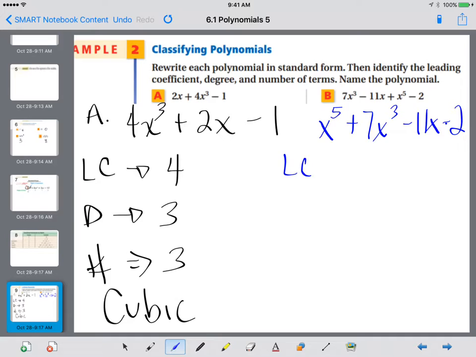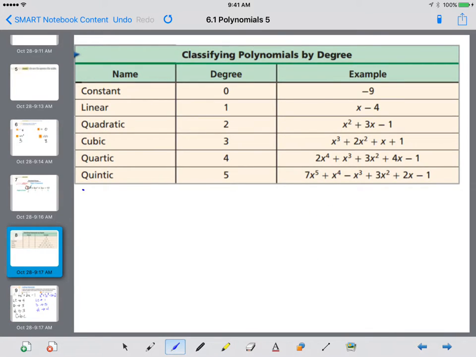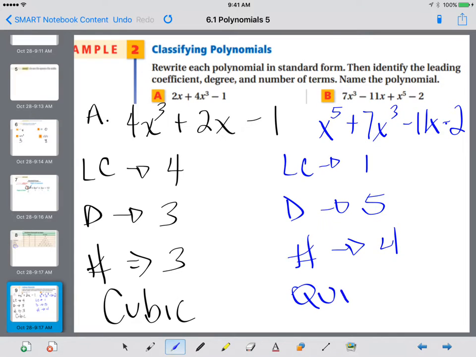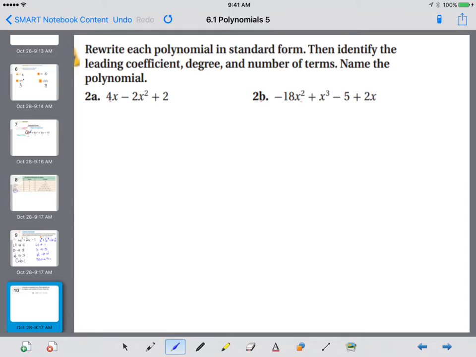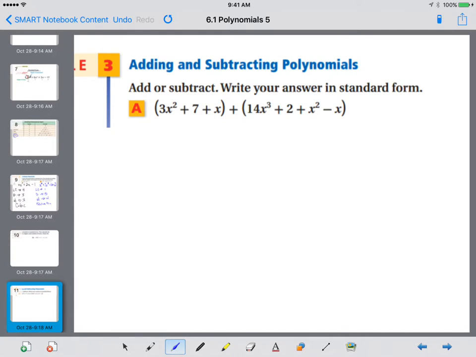So the leading coefficient here is 1, degree 5, number of terms 4, and with a degree of 5 it is a quintic. I'm going to skip those.